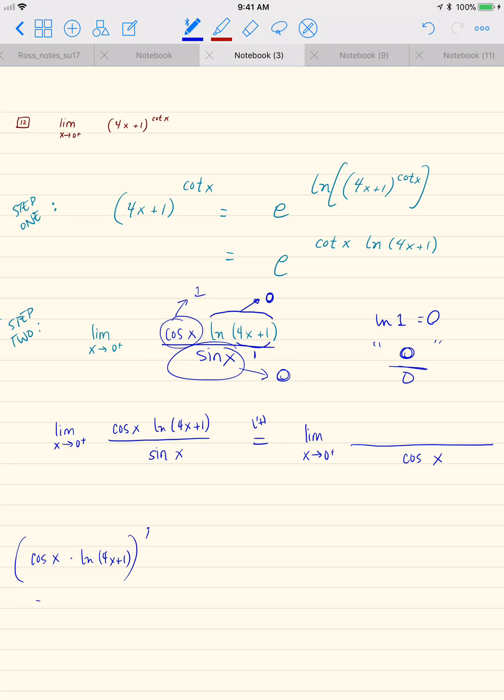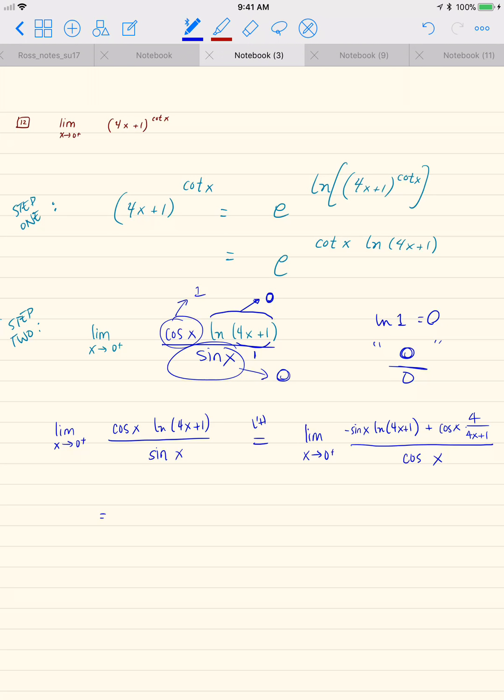So I'll take the derivative of cosine x, which is negative sine x, times natural log (4x + 1), plus cosine x times the derivative of natural log of (4x + 1). That'll be 1 over (4x + 1) times 4, using my chain rule.